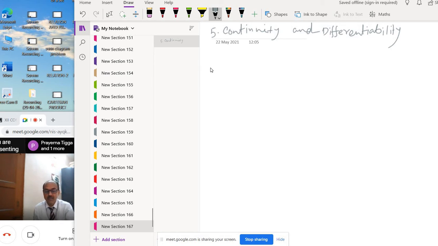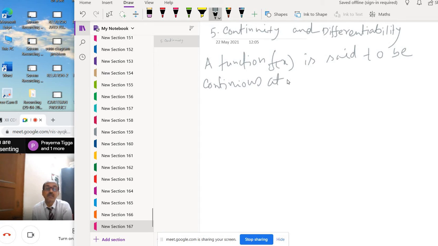That means a function f(x) is said to be continuous at x equal to a, at a point x equal to a, if the limit as x tends to a of f(x), this limiting value, equals f(a).